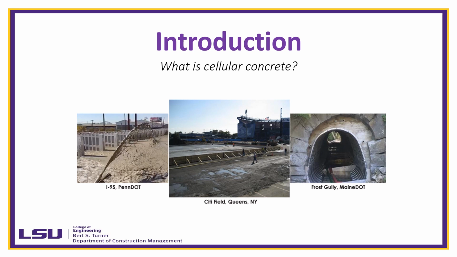Autoclaved aerated concrete undergoes a controlled curing process, enhancing its strength for structural prefab elements. Polymer-based cellular concrete incorporates polymers for added durability and is often used in overlays and repairs. Each type of cellular concrete provides unique benefits, addressing specific project requirements.